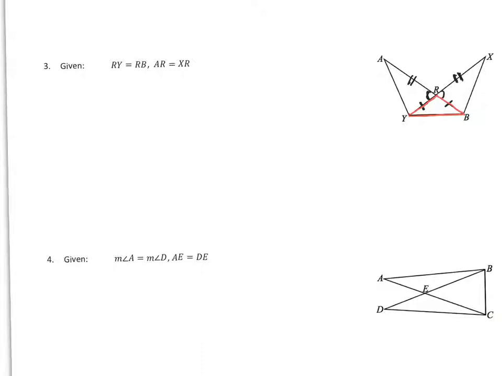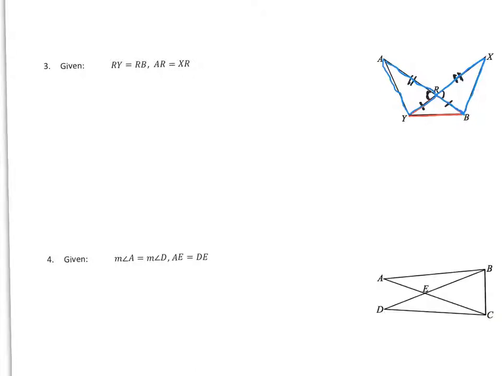And if I look at triangle AYR, this one, and I look at triangle XBR, which is this one, I can see that I have side angle side in those. So those are the two I'm going to use.